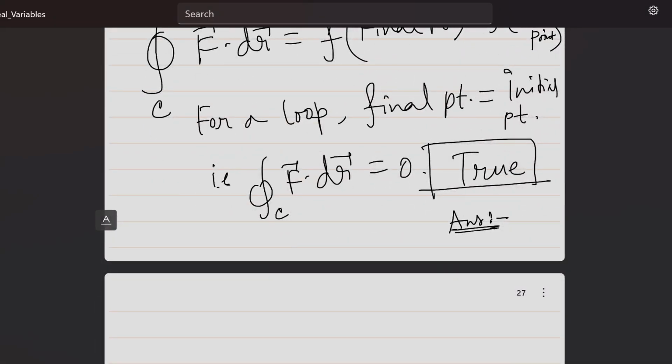Okay, so suppose I write your sin y by y integral: y equals x to pi, and x is from 0 to pi, sin y by y, dy dx. You cannot do this integral directly.